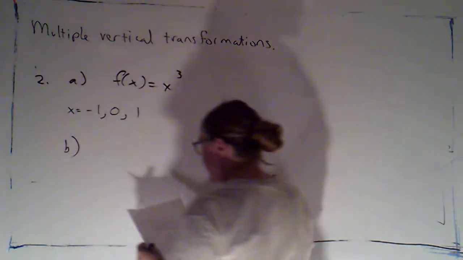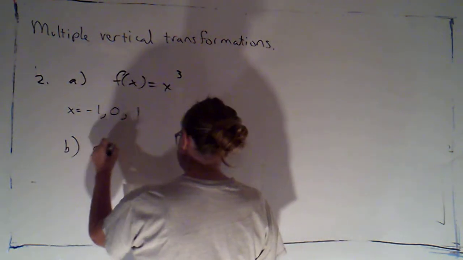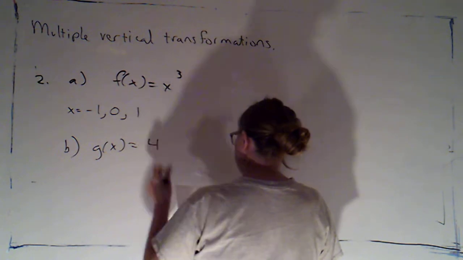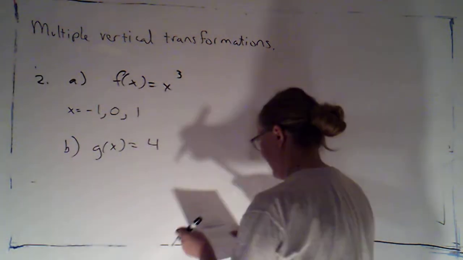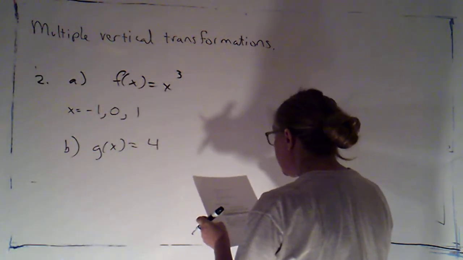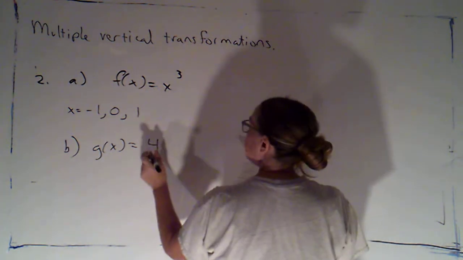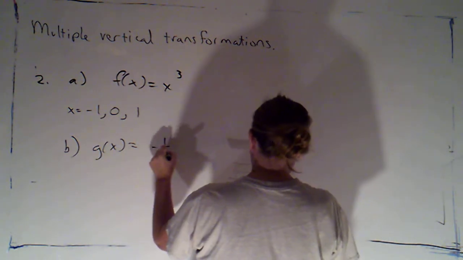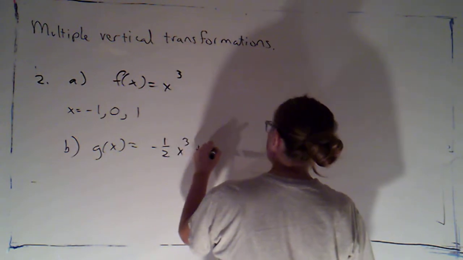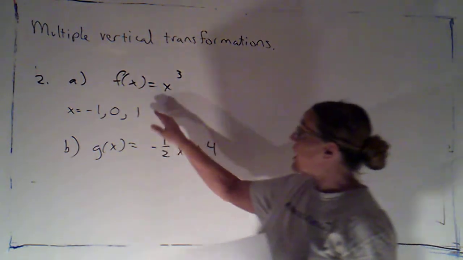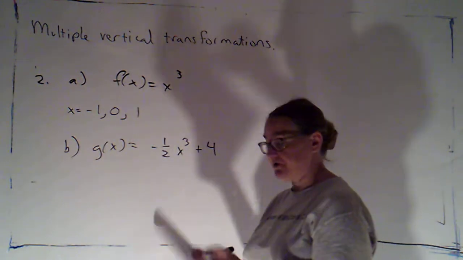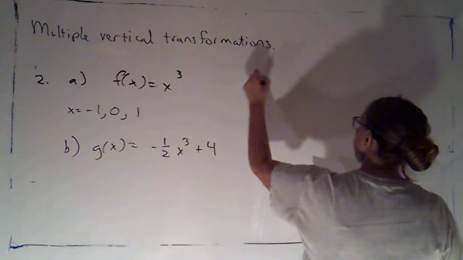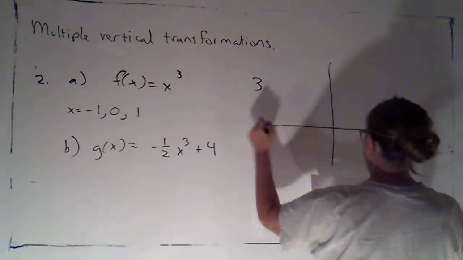And then for part B, on a separate set of axes, I want you to sketch g of x, which is -1/2 x cubed plus 4. And I want you to keep track of where the points that you plotted in part A get transformed to.